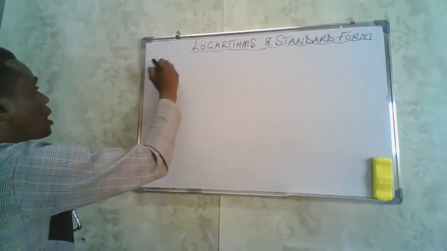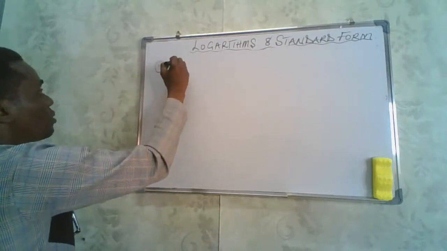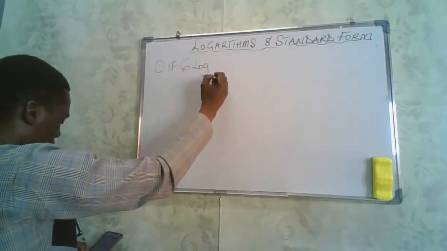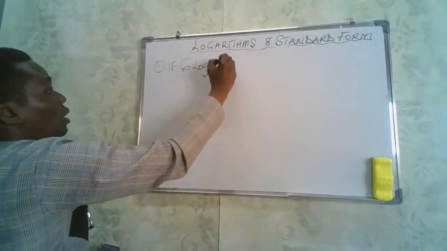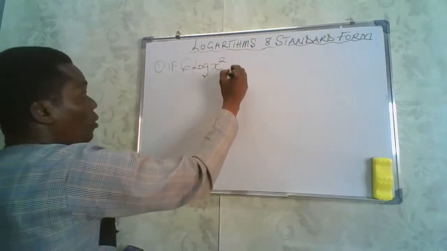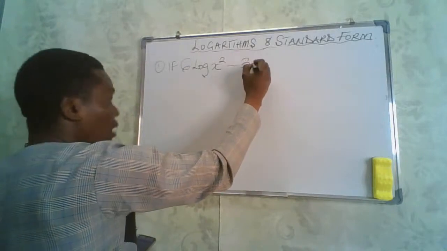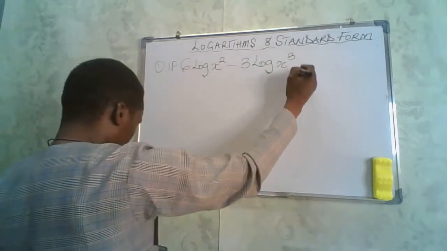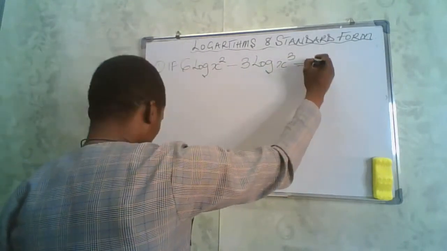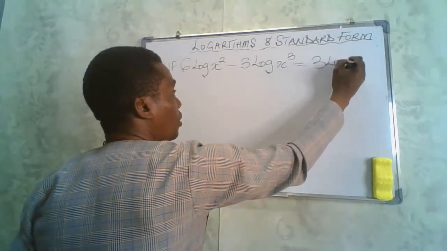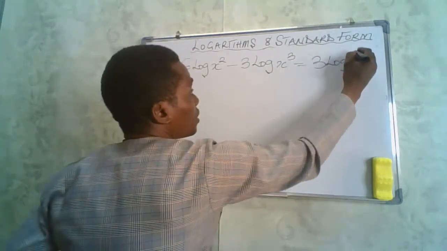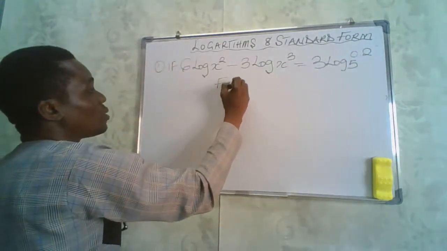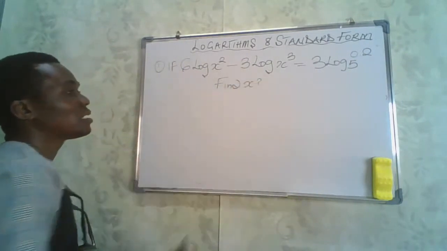Question under logarithm. 1, if log x squared minus 3 log x 3 is equal to 3 log 0.2 to base 5, we are asked to find x.